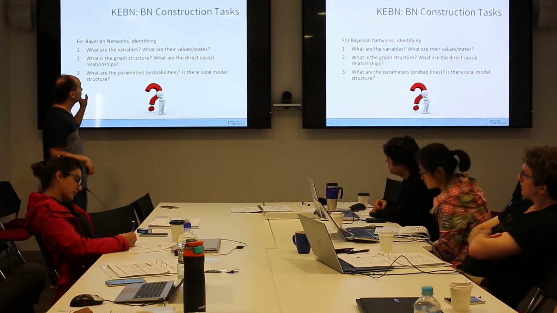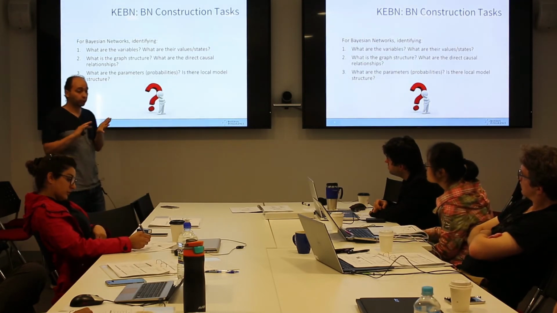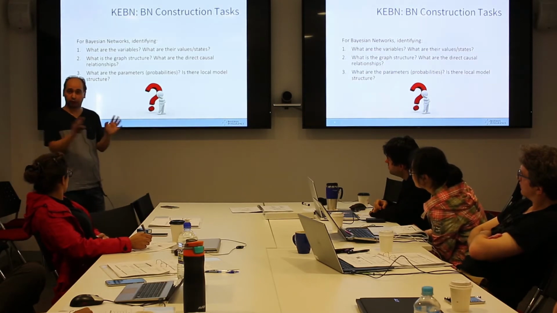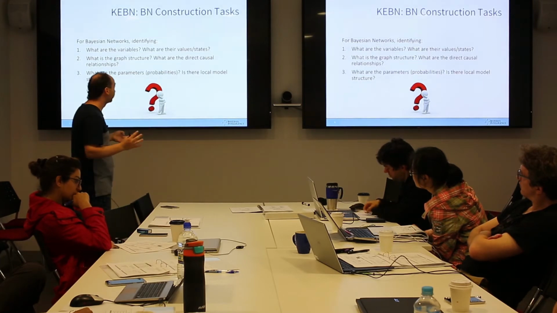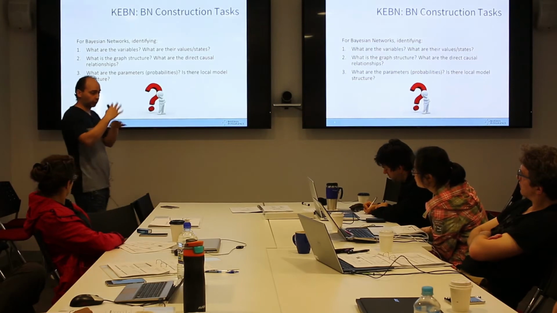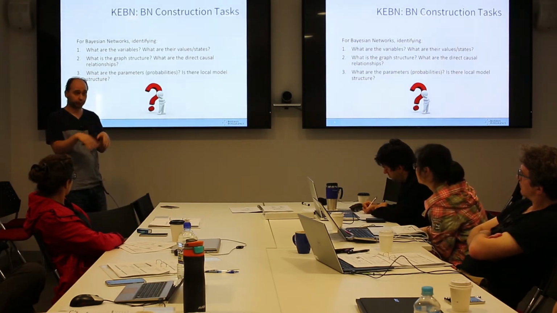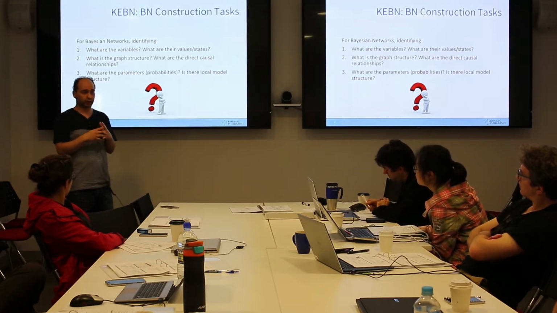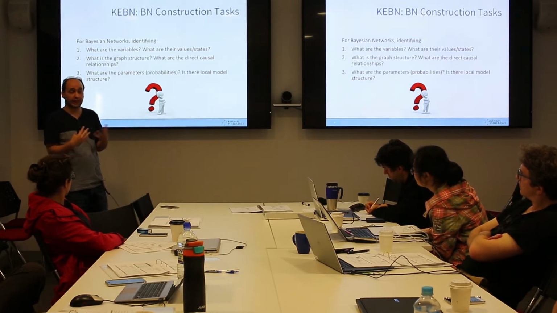Okay, so when you're working with probabilistic models, the three stages are, first, making sure that you've covered all of your variables and not more variables than you need. You want to make sure that you've got the right set of variables. You want to make sure that you've got good values. You specify appropriate values and states for those variables. This is very important. Getting a good definition of a variable can be the difference between a model being completely useless and being very, very easy and quick to use.